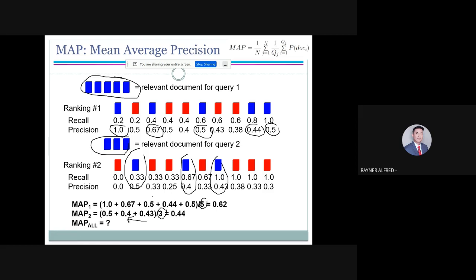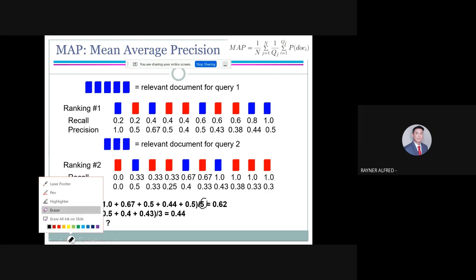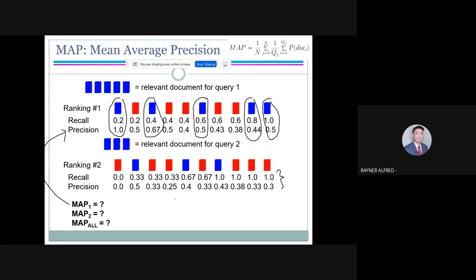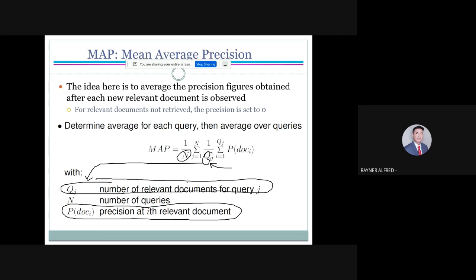So this is for query 1 and query 2, but if we combine these two, what will be the answer? How do we combine these two? Basically we just take this plus this, divided by 2, which represents the formula that you have just now.